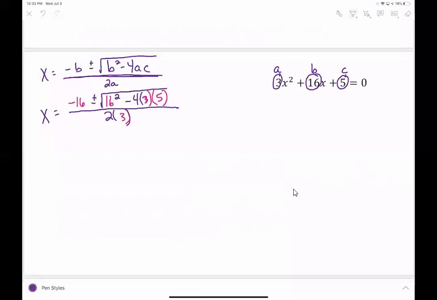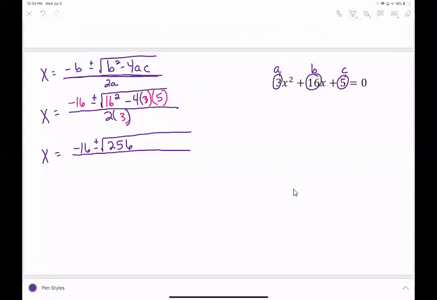So now we're going to simplify under the discriminant. I'm just going to bring down the negative 16. A calculator comes in handy if you're not sure of squaring something, but 16 squared is 256.